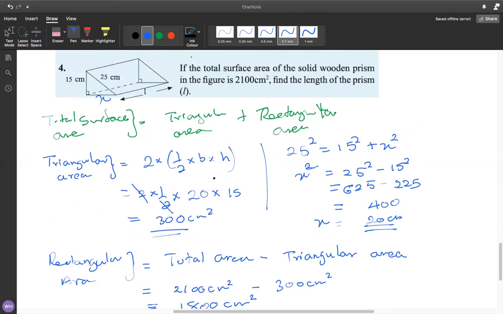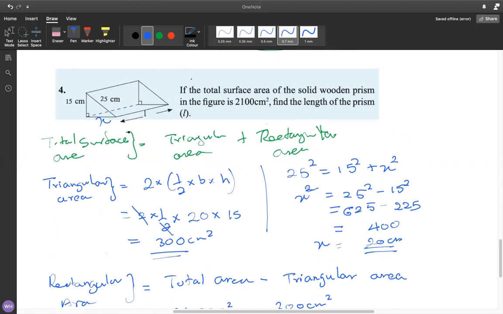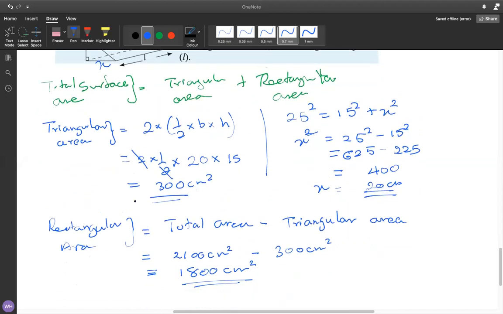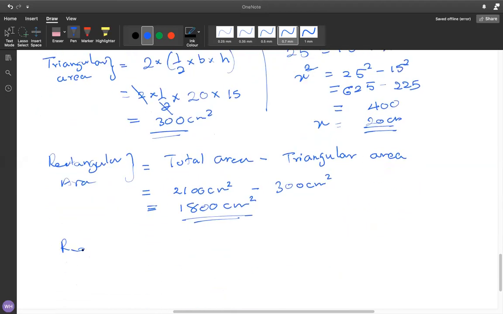That is the rectangular area. There are three rectangles, which have 25 as breadth, 15 as breadth, and x, which is currently 20. So you can write an expression for the rectangular area.